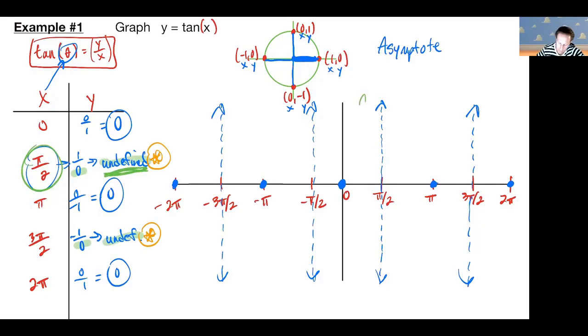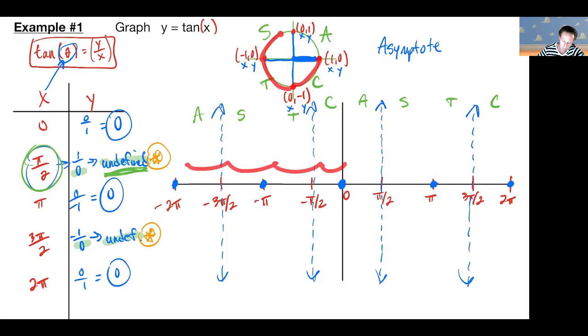So I already know that "all students take calculus" is what my 4 quadrants represent. And if I was to go backwards, this would be C, T, S, A, or all students take calculus from my 4th quadrant, and then 3rd quadrant, and then 2nd, and then 1st going backwards. 4, 3, 2, 1.